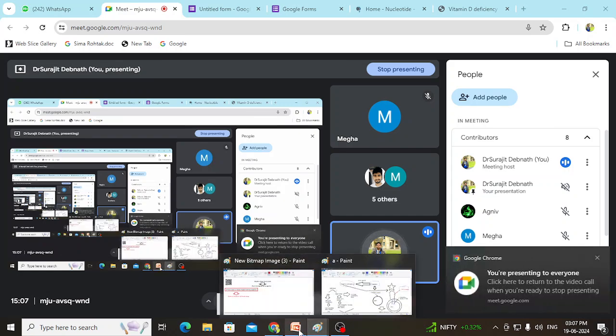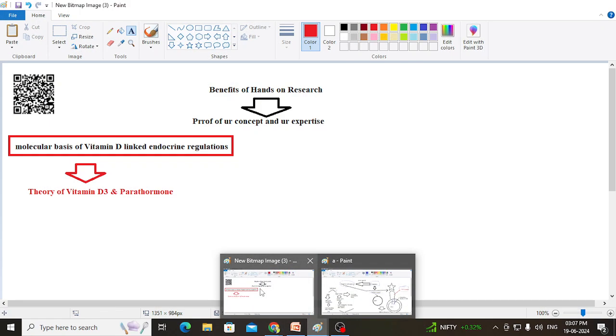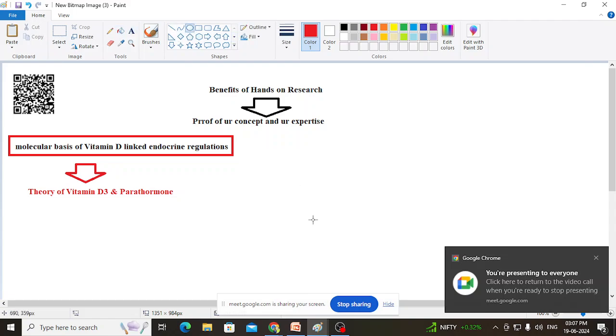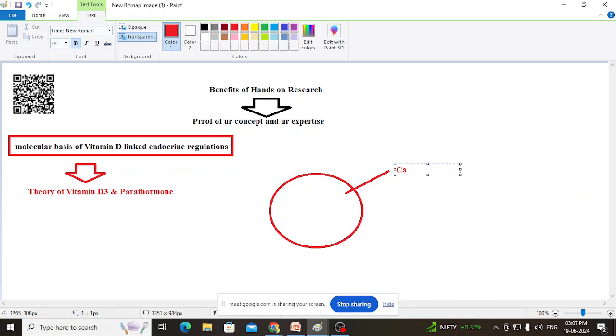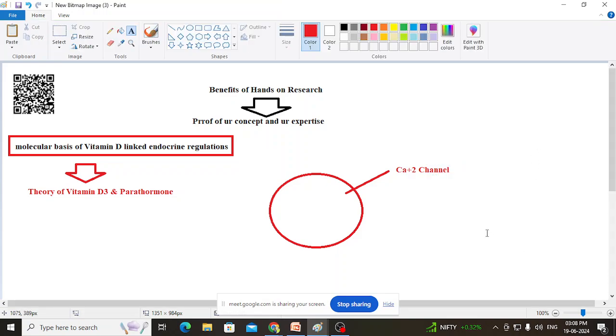So calcium channels are basically present on all cells, more precisely on cardiac muscle. Consider that this is your calcium channel, a Ca+2 channel. What they do is enhance the influx or outflux of calcium to and from cells.